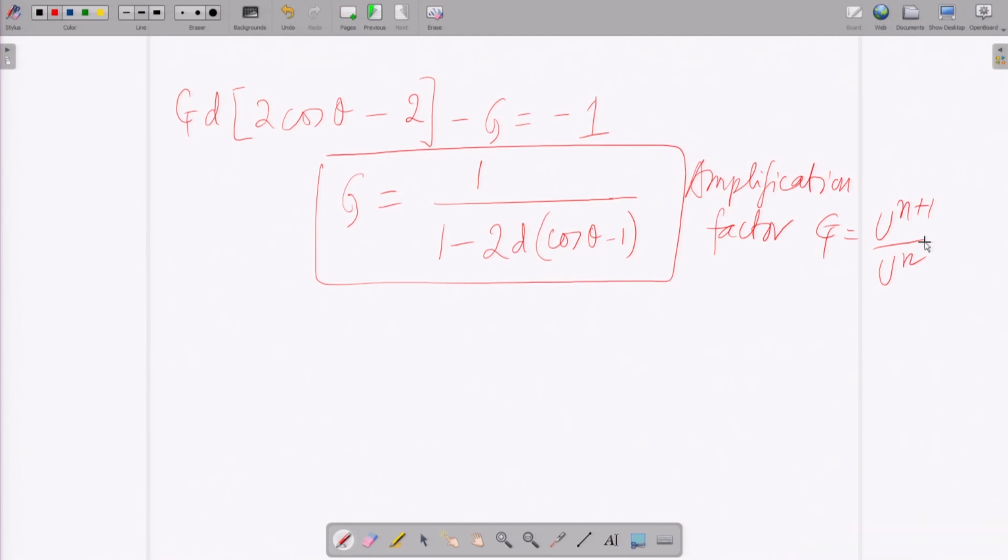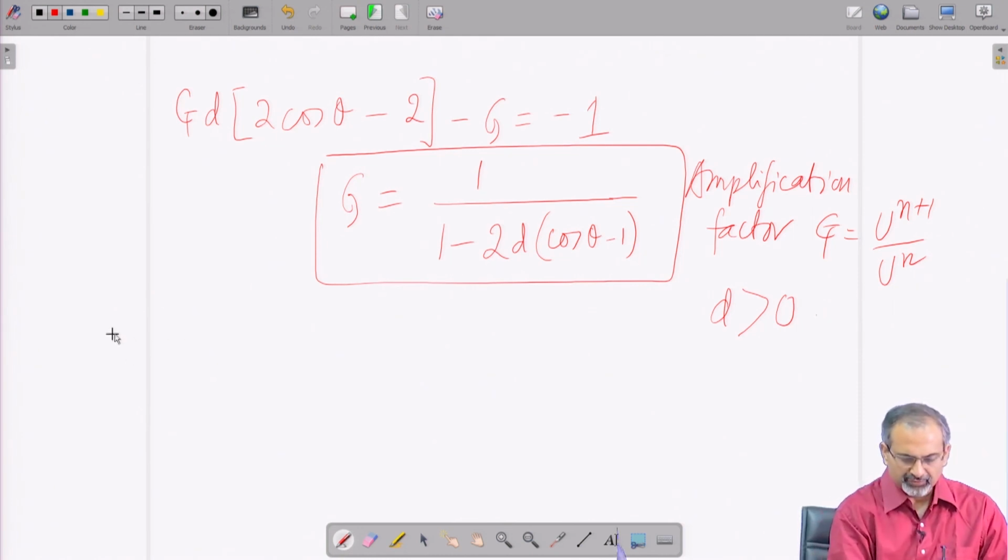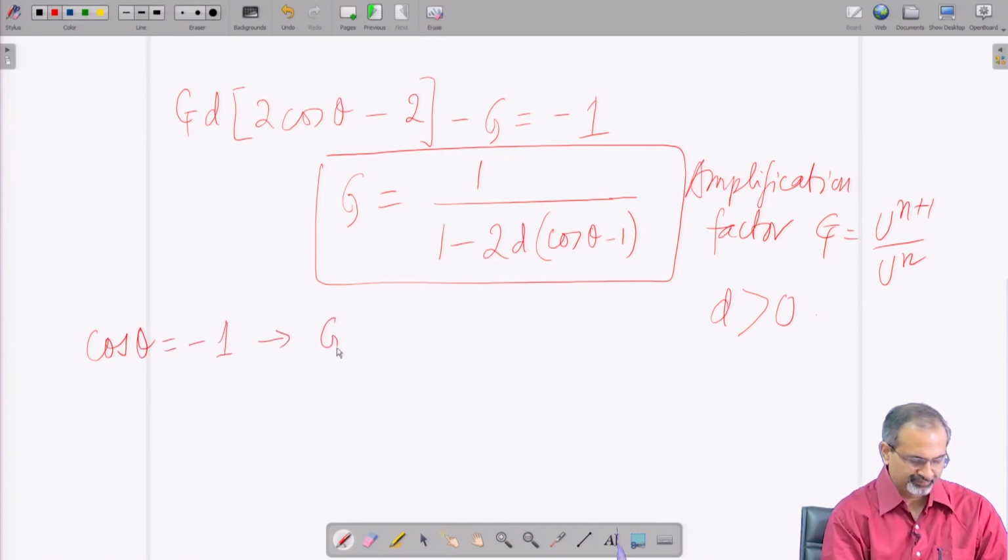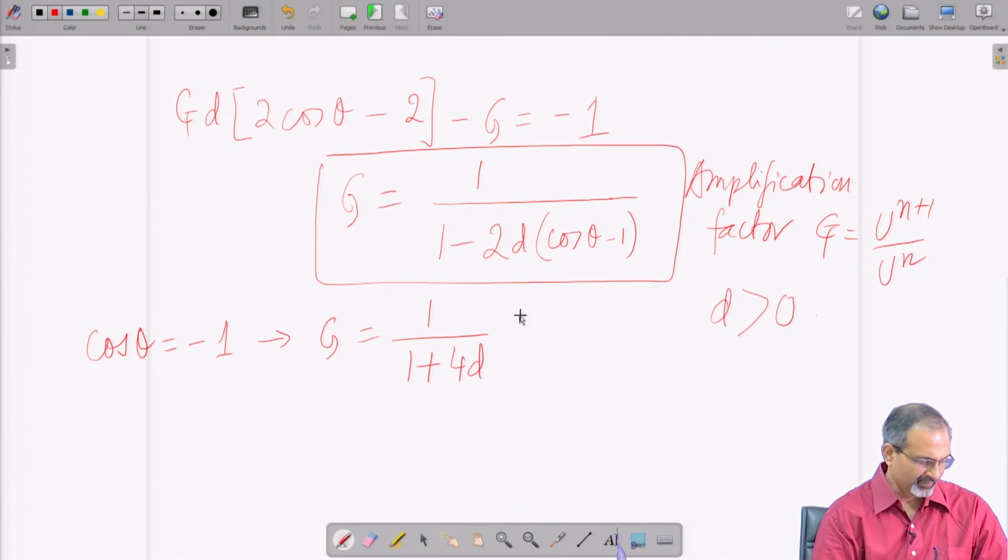Now, we need to figure out how this term will work out for various values of cos theta. Remember that d is greater than 0, it is a positive number. Let us try out a few possible values of cos theta. If cos theta is equal to minus 1, then G is equal to 1 by 1 plus 4d, which is always less than 1 because d is greater than 0.